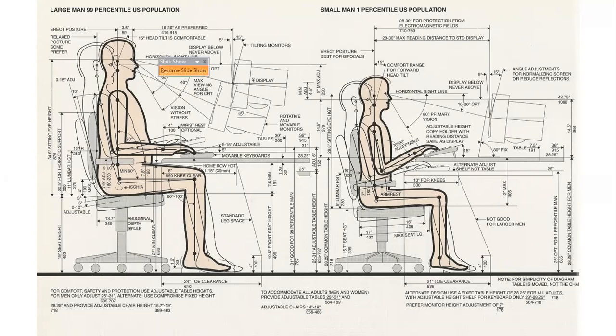Anyways, there is a lot to consider as well. You can see in the picture the armrest. The acceptable angle for the armrest is 70 to 90 degrees. What else? The standard leg space.